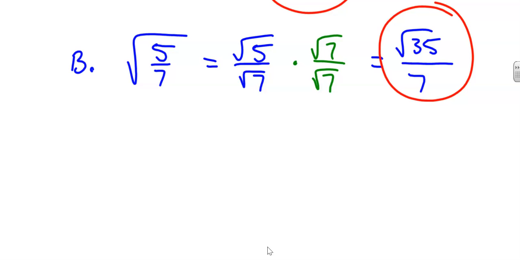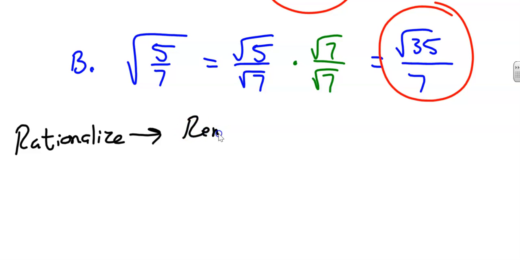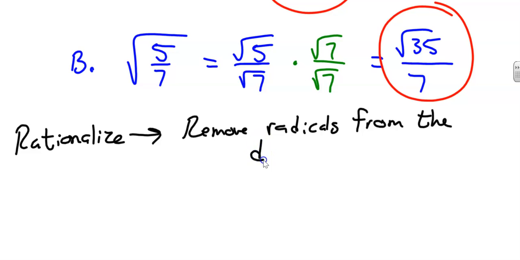Okay. And I should have said this earlier, that when you rationalize, the whole thing you're trying to do is basically remove radicals from the denominator.